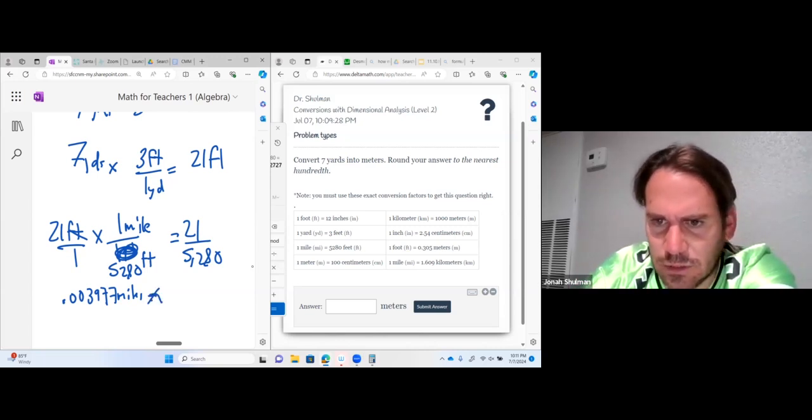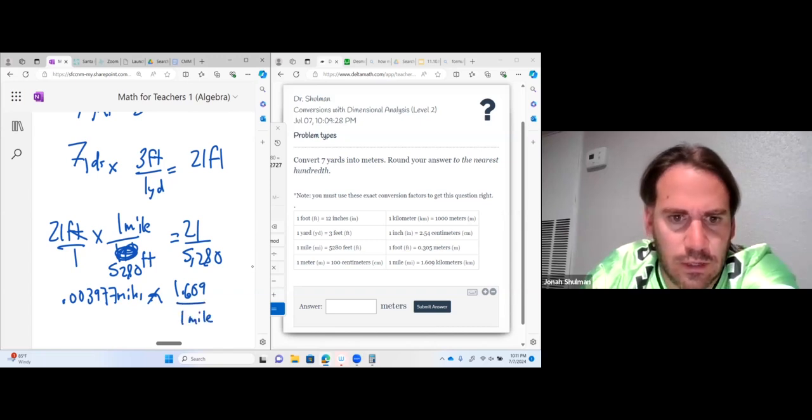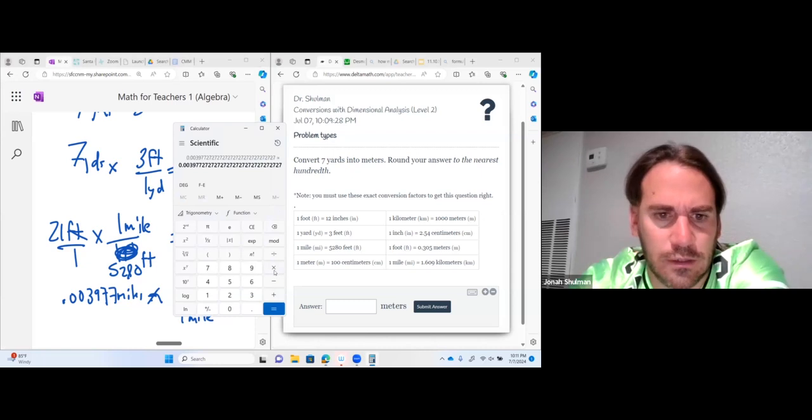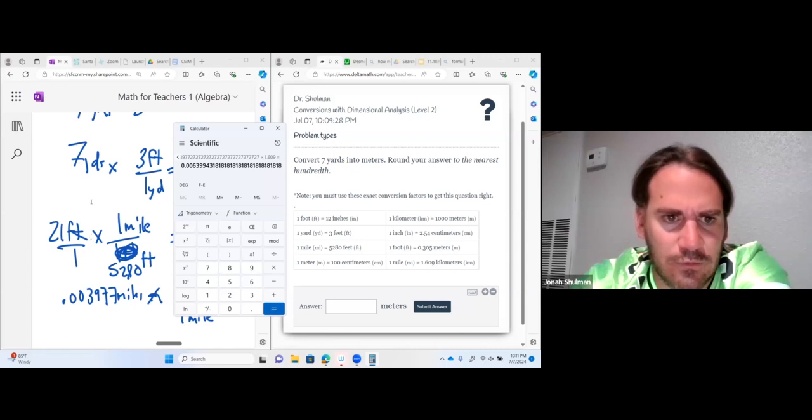We want in kilometers, so that's 1.609 divided by 1 mile. And this is going to give us kilometers. So I have to take this number and multiply it by 1.609. And that's what we have in kilometers.